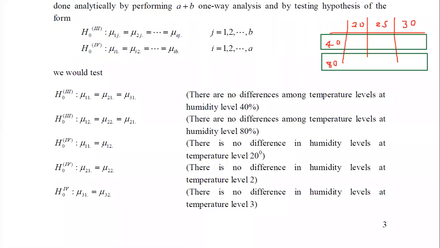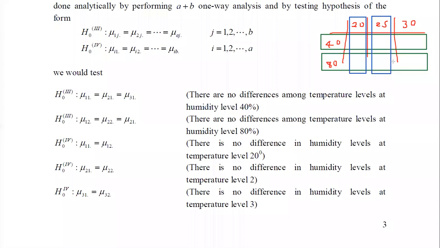Then we have to redo the same thing for the second factor. In the second factor, we are considering the temperature level 20, and now we are going to identify whether there is any difference between these two humidity levels. And once we finish it, then we have to select the next temperature level.